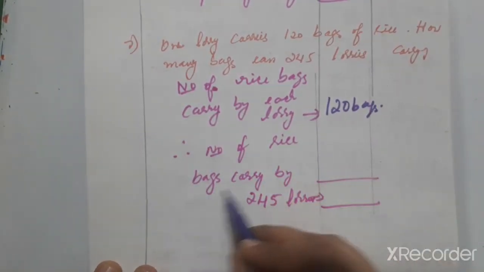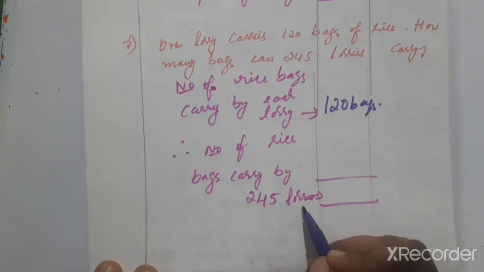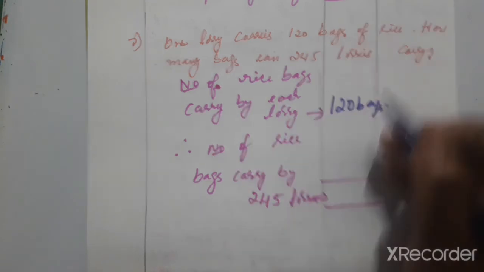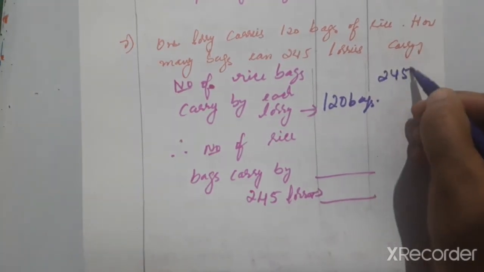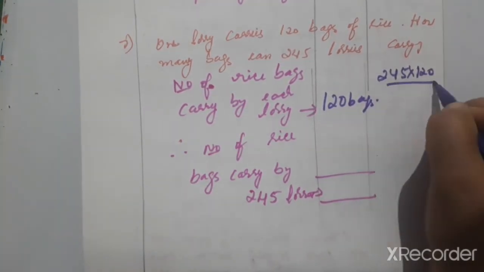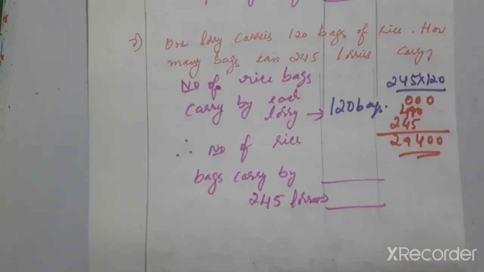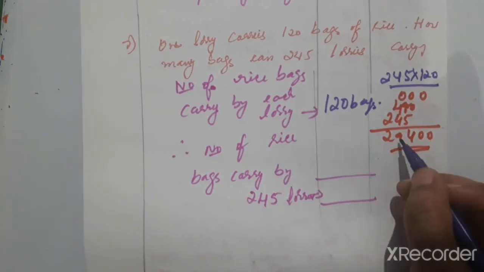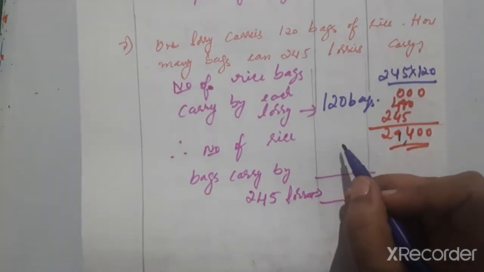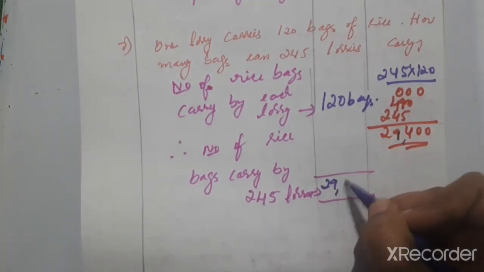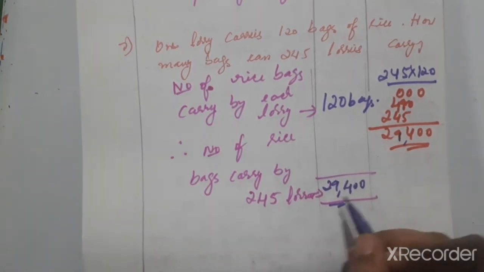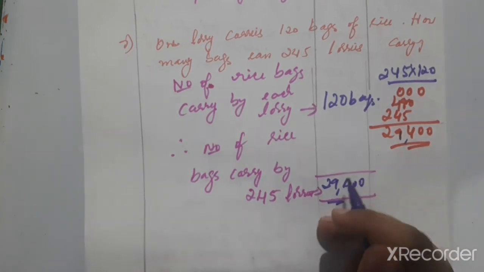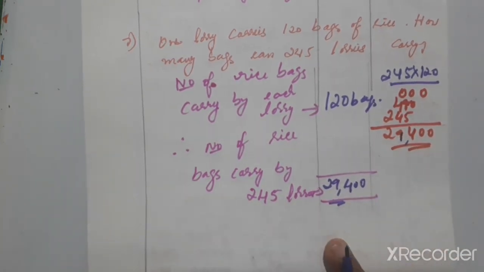Therefore, number of rice bags carried by 245 lorries. We have to multiply and check, children. So 245 into 120. After multiplying, the answer is 29,400. So 245 lorries carry 29,400 bags of rice.